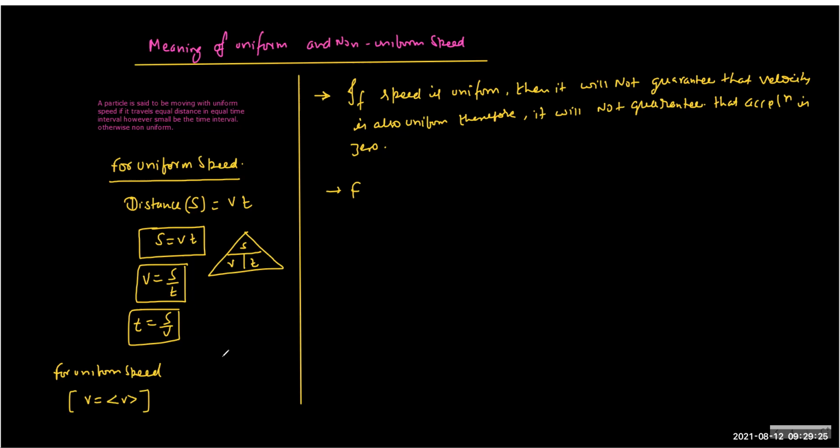If it is a rectilinear motion with uniform speed, the velocity will also be uniform as long as you are moving in one direction.